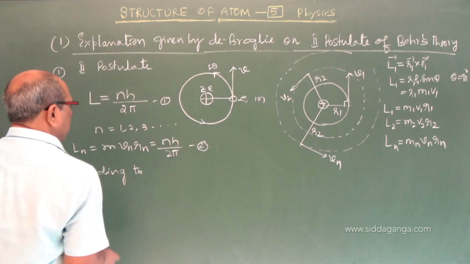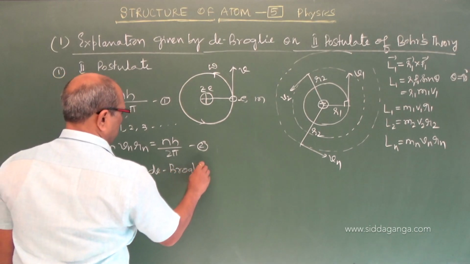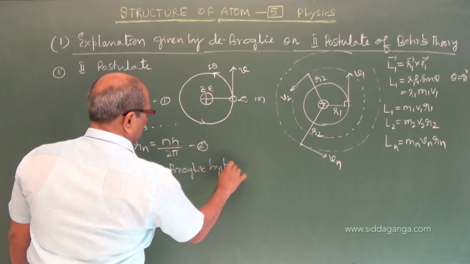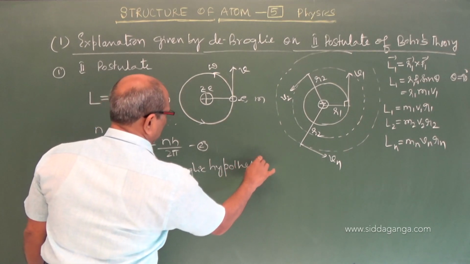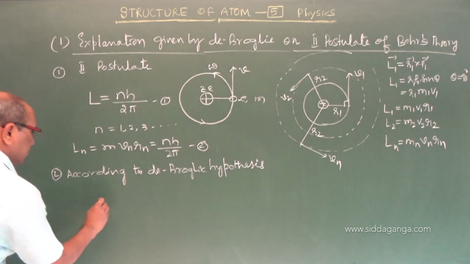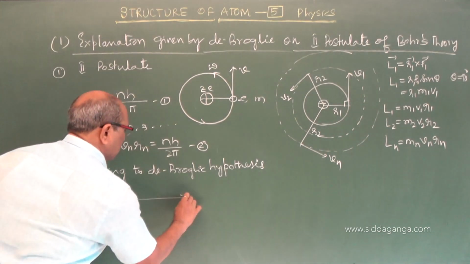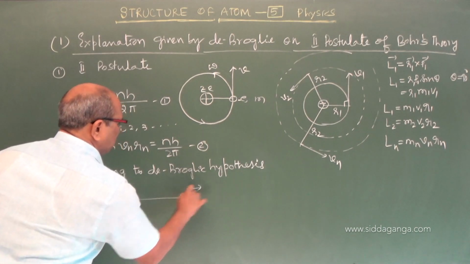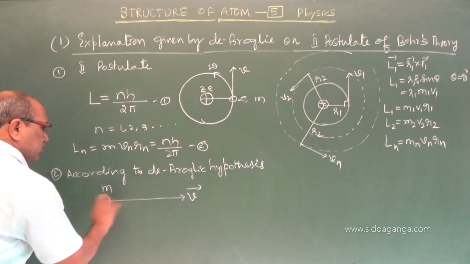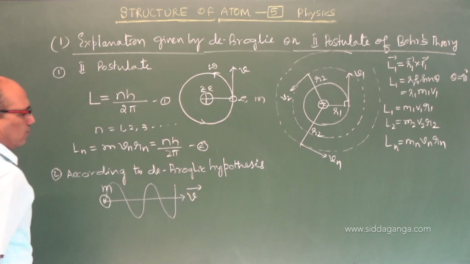according to the de Broglie hypothesis that you have studied in dual nature of matter, the electron, let us say with mass m, charge neglected, is moving with a definite speed. So it is not moving like a particle, it can behave like a wave.